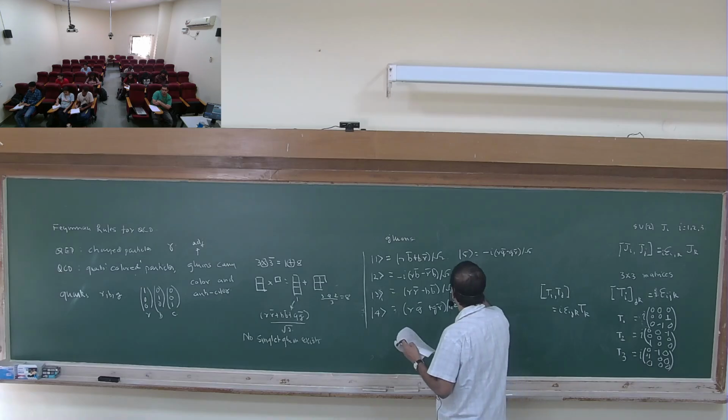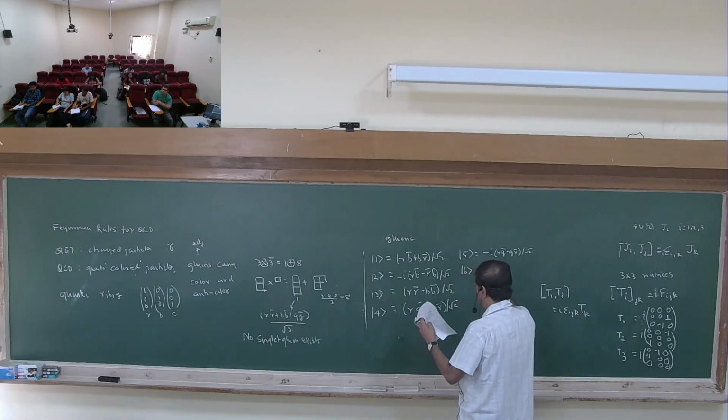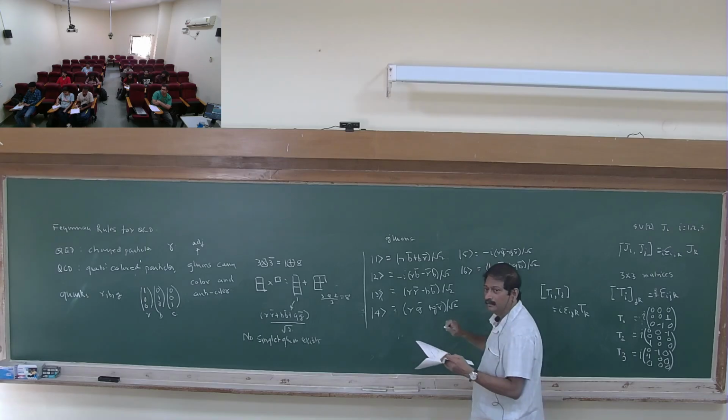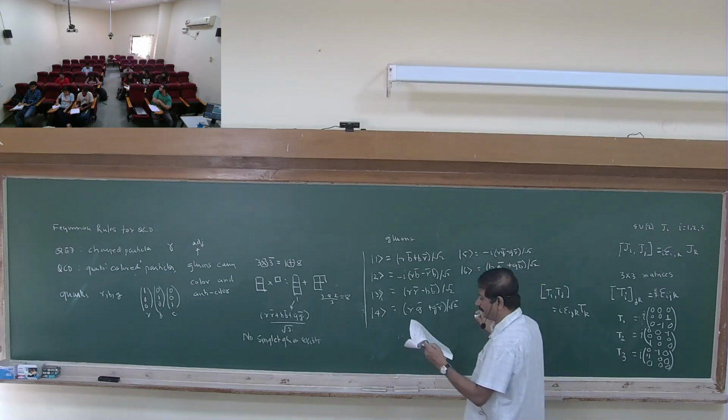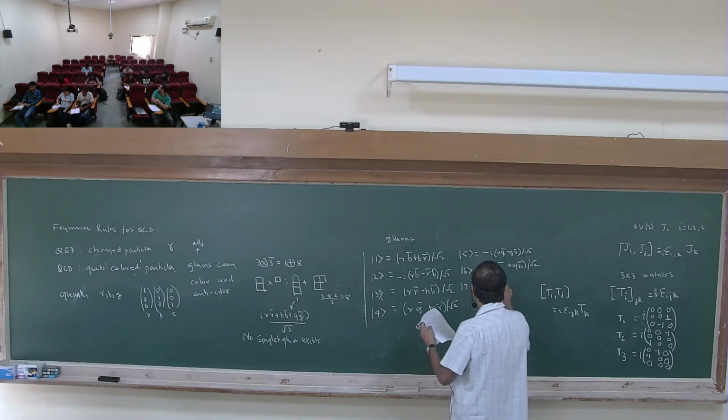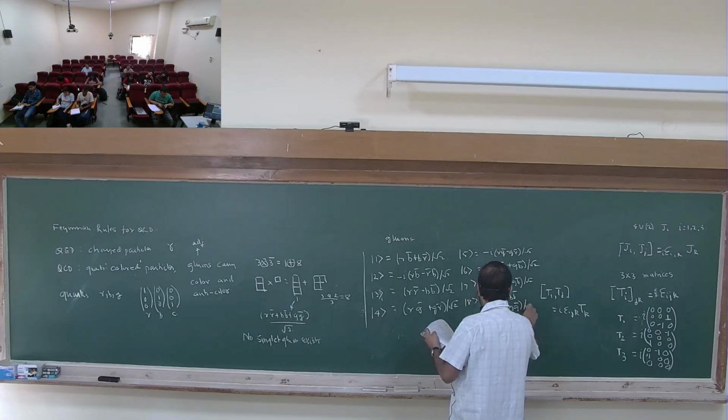So since Mr. Kanishka had asked me about explicit color quantum numbers, here is your request. RR bar plus BB bar minus 2 GG bar by √6. This is an interesting one.